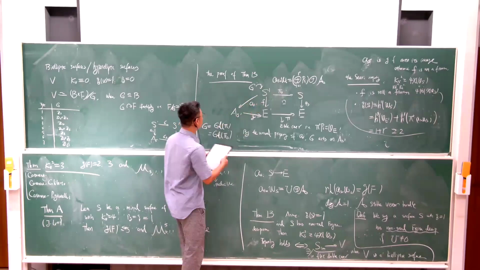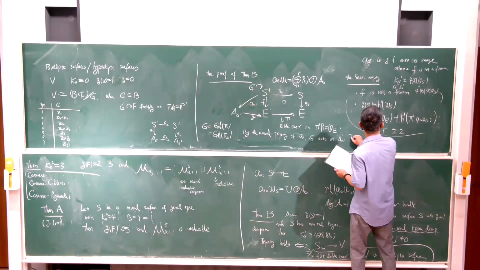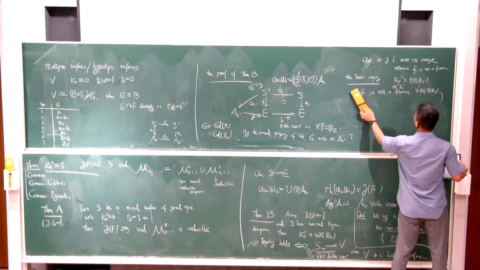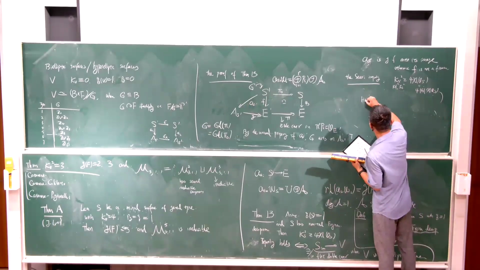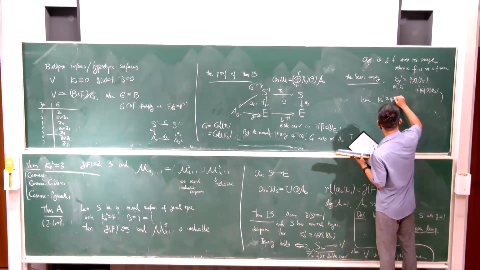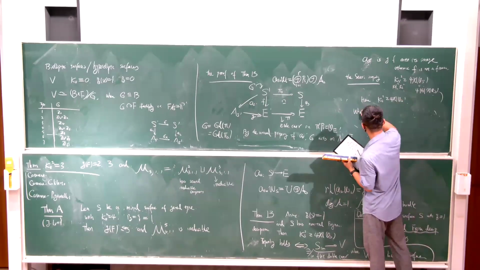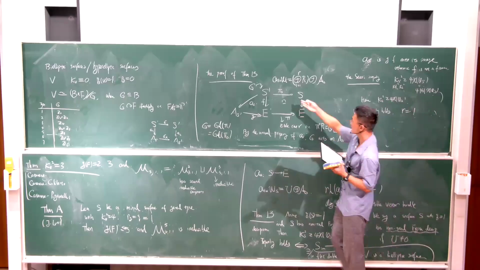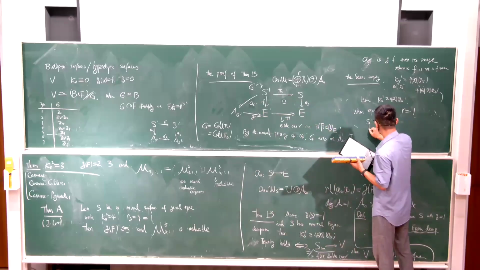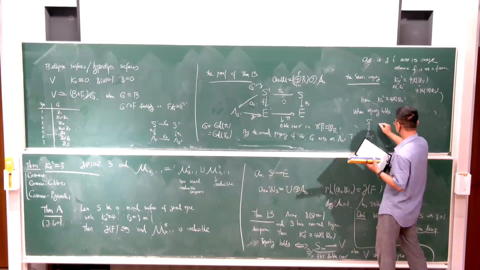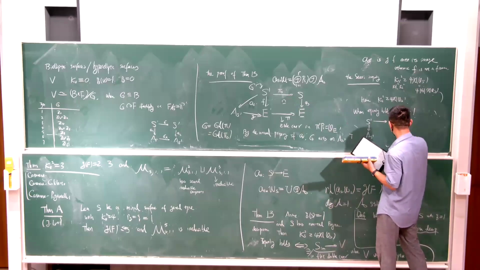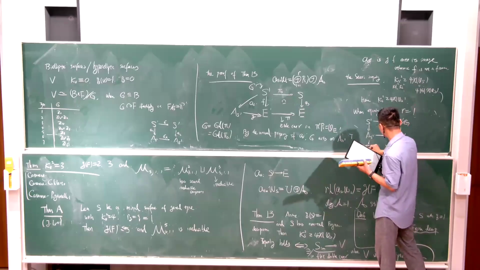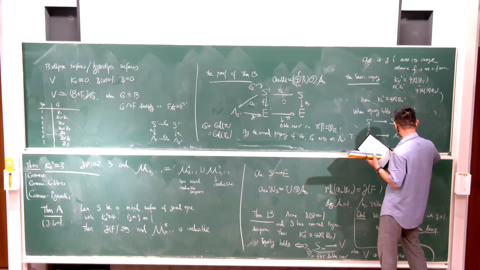Hence, when equality holds, R equals 1, and we have this double cover here, and then we can go back. And again, this is E prime to E.